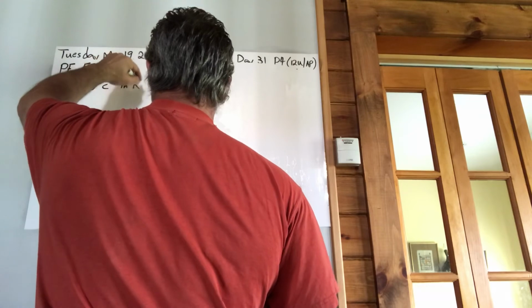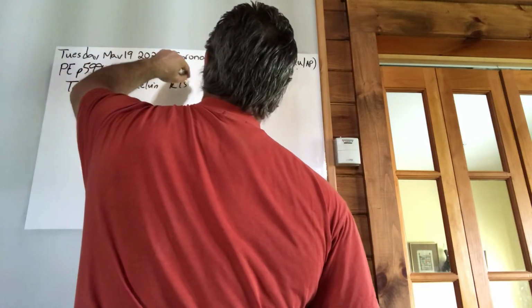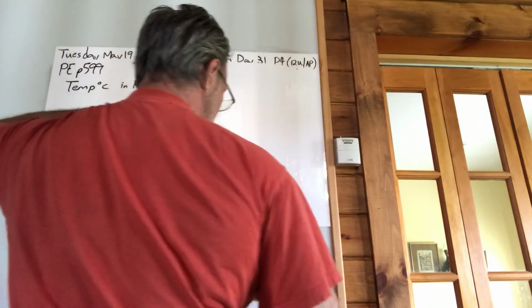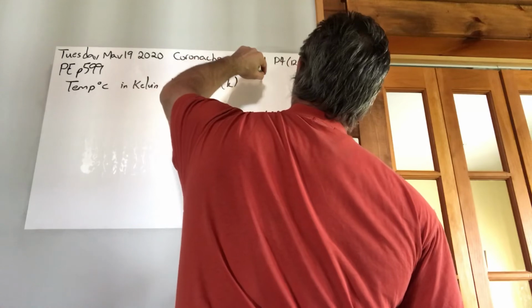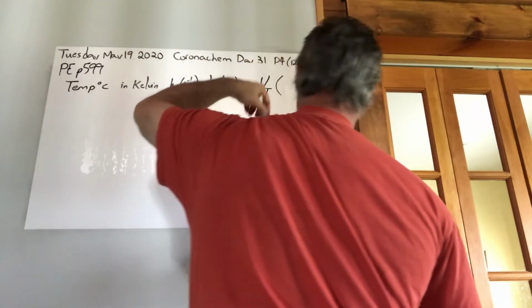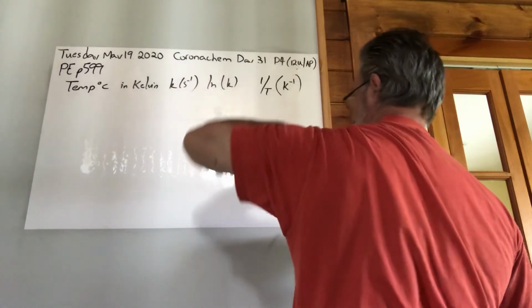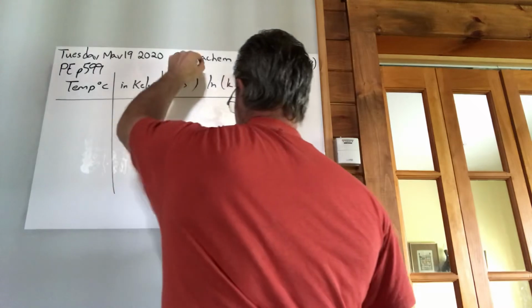I converted the temperature into Kelvin. Then I had the rate constant as the question listed it. Then I took the ln of each value, and then I took the reciprocal of the temperature in Kelvin, so it's in units of Kelvin to the -1. That's what you're going to put on your data table. That's what it's going to look like.